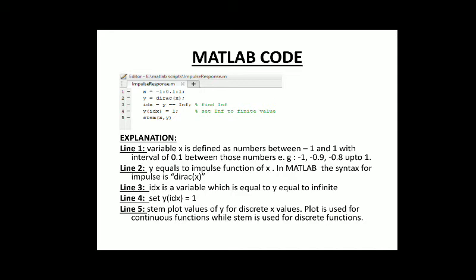Within the first bracket, the first variable should be on the x axis; it is not necessarily x. In other cases it can be t or whatever independent variable we have defined, like time is an independent variable. The magnitude, in this case y, is dependent. So y is a function of x and x is independent. So stem plot is used in the case of discrete functions.